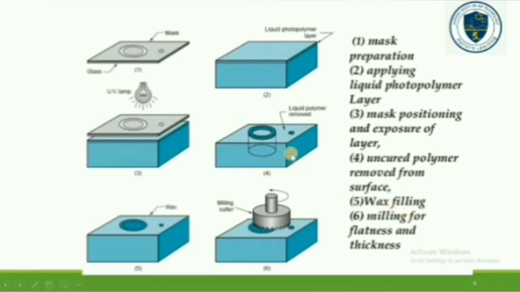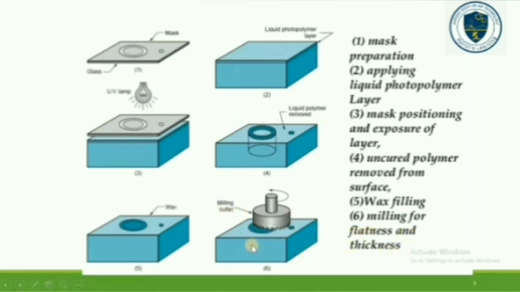After converting the liquid to solid, the unwanted resins are cleared with the help of vacuum. With the help of a vacuum pipe, they are removing the unwanted polymers from the platform. After that, they are filling the wax. This wax, as I already explained, is used to make a support.